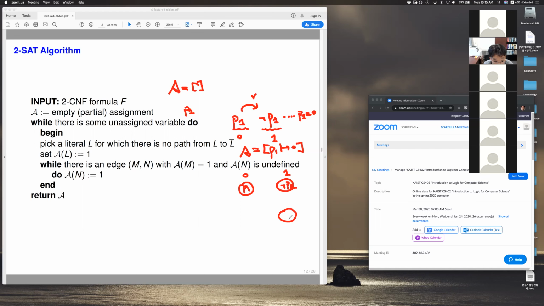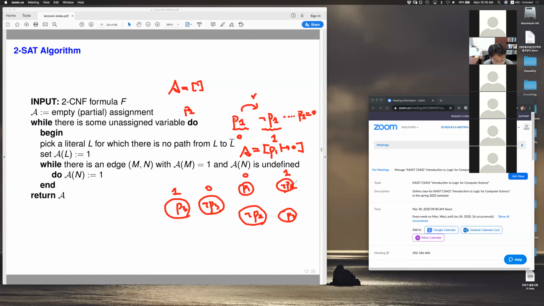Maybe it might have P2 and negation of P2, and some of them are not going to be labeled at all. Some others, like P3 and negation of P3, may already be labeled in the previous iteration as 1 and 0. So you look at this partially labeled implication graph, and then look at the edges.